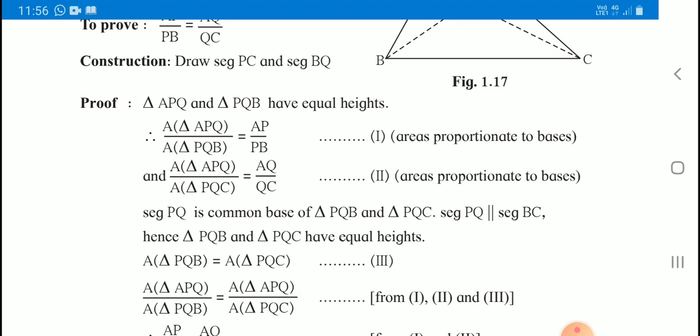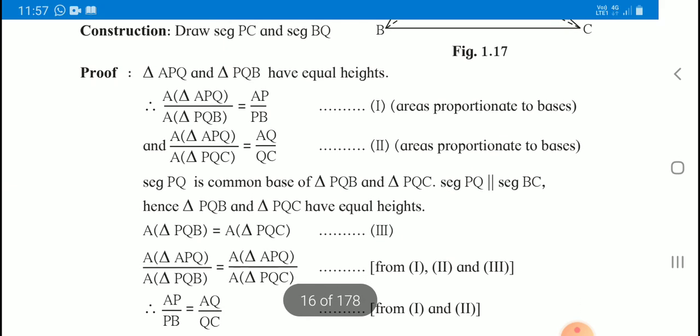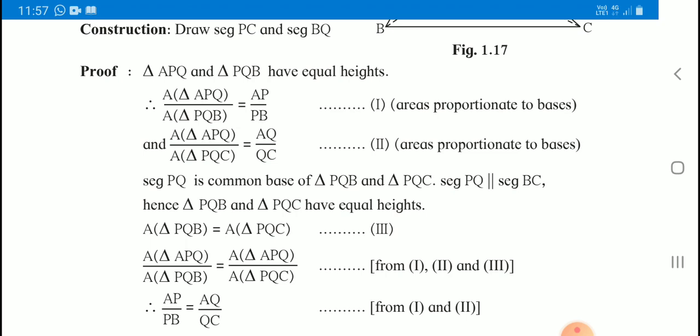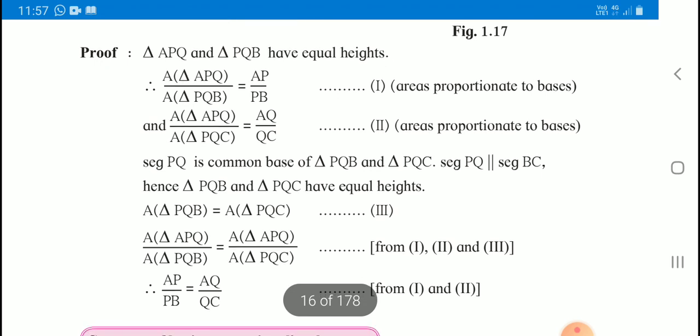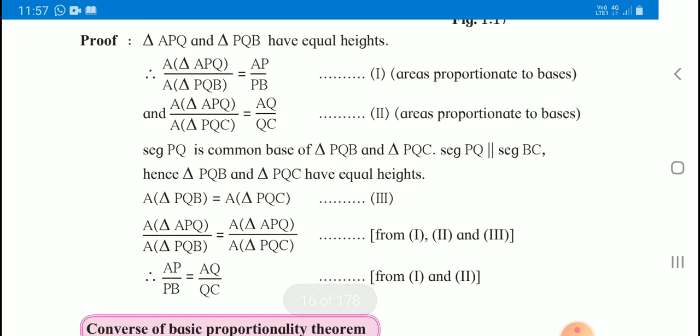From equations 1, 2 and 3, we get that area of triangle APQ upon area of triangle PQB is equal to area of triangle APQ upon area of triangle PQC. So, if the left hand sides of both the equations are equal, then the right hand sides are also equal. Therefore, we can write that AP upon PB is equal to AQ upon QC. We had written these from equations 1 and 2.